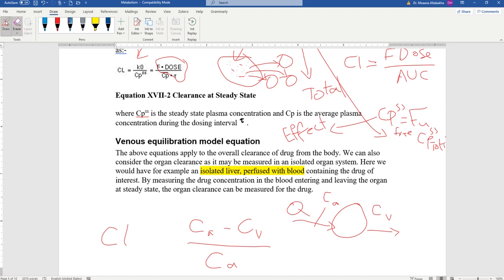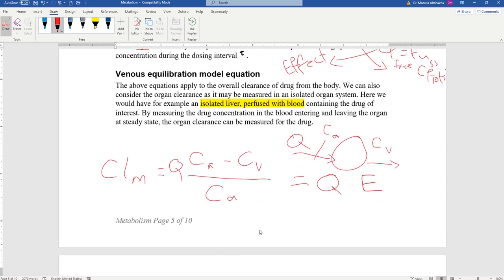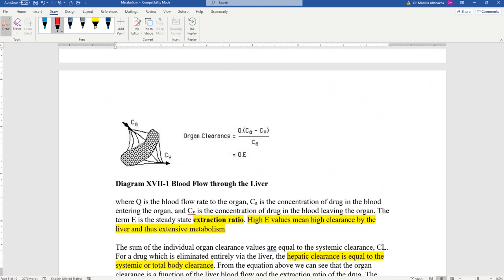The clearance by metabolism will be equal to the extraction ratio multiplied by Q. I can write it also as Q multiplied by extraction ratio. This is not the venous equilibration model equation, but I'm trying to explain to you how isolated organ clearance can be thought of.